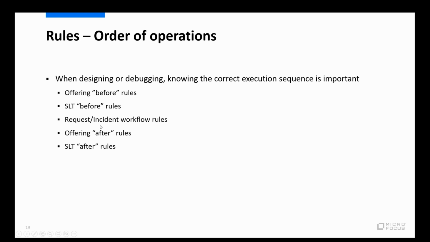For the after then, the offering after rules would run, and then the SLT after rules. So again, because you're adding some complexity here by putting rules in a different place, much as we did with offering, but there's also a lot of positives there in terms of having specific rules for specific cases, knowing the order of operations will be very important.